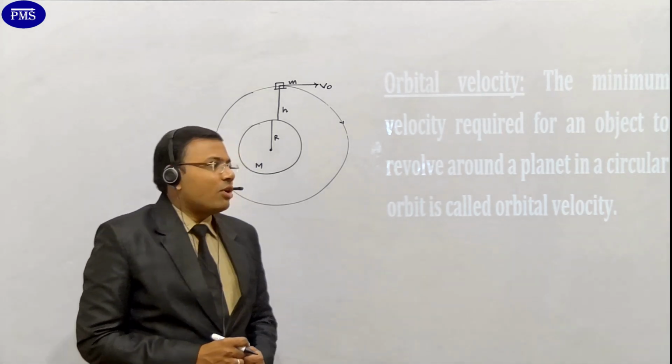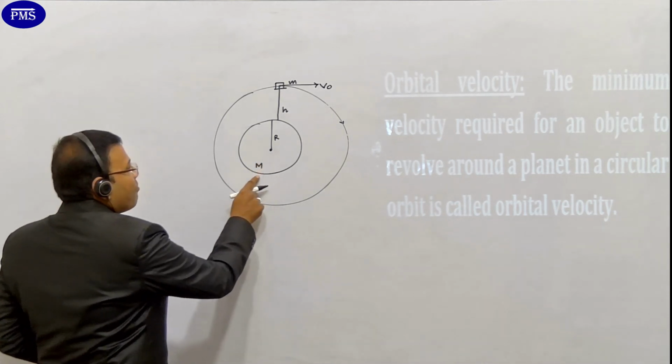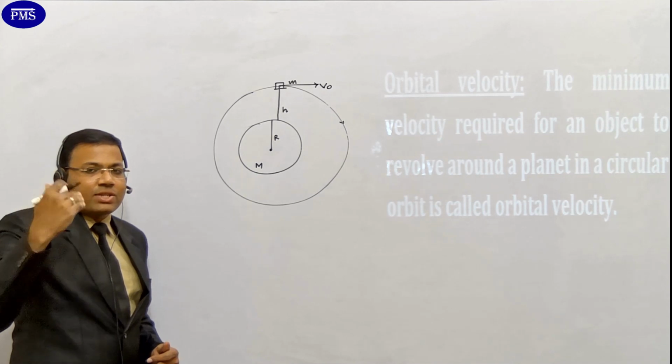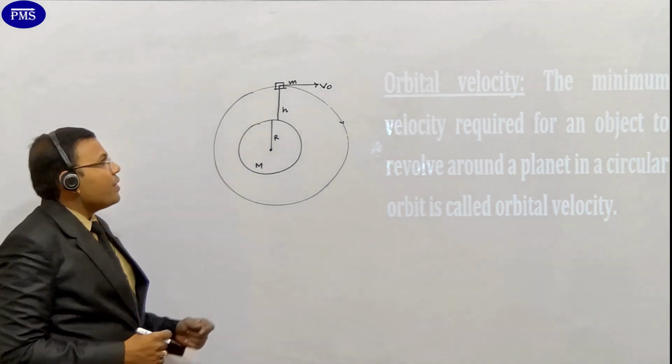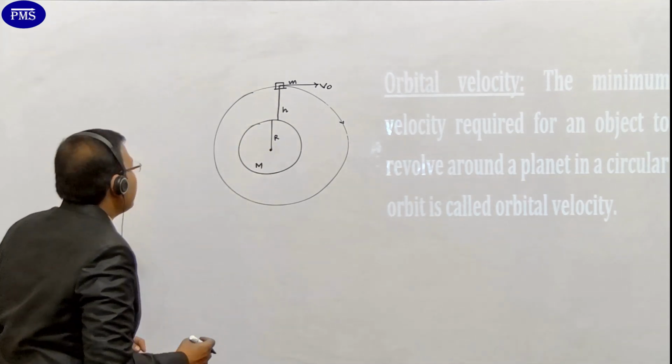Let us see what we are considering here. We are considering a planet of mass M, radius R. h is the height from the surface of the planet where the satellite is. Now we are considering the orbital velocity as V0. The same thing I am writing here in sentences.